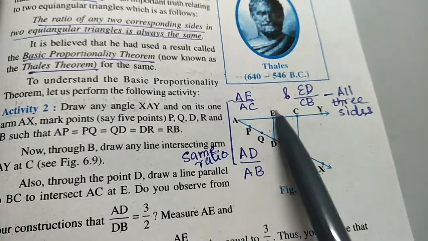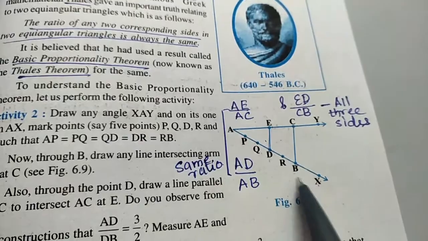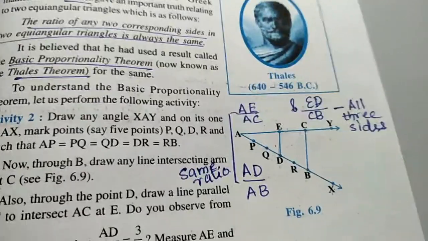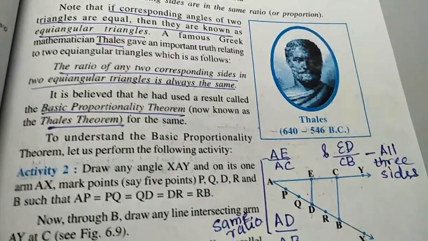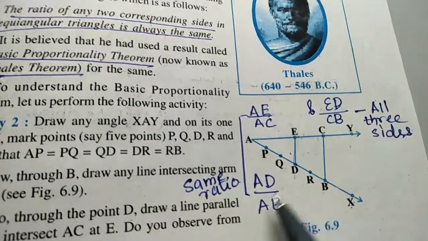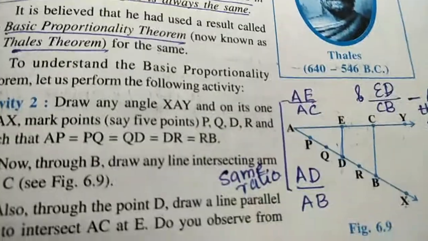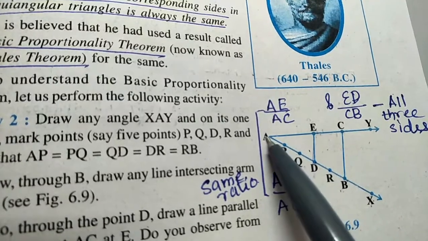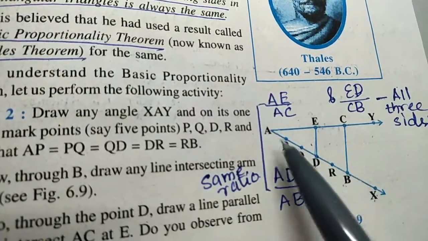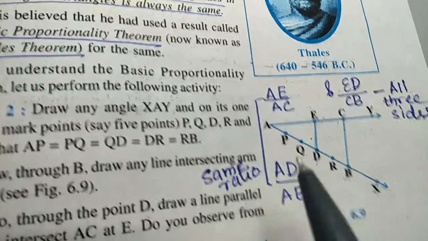It is triangle AED and triangle ACB. So we have got two triangles, AED and ACB.